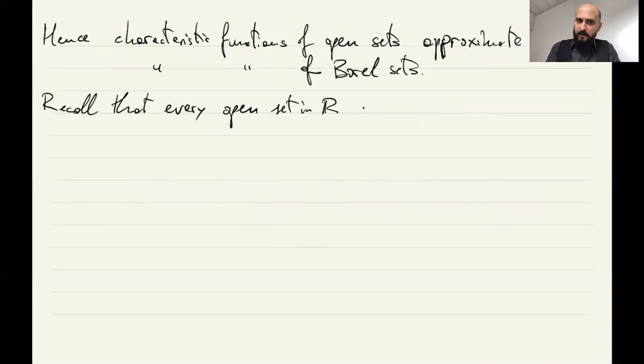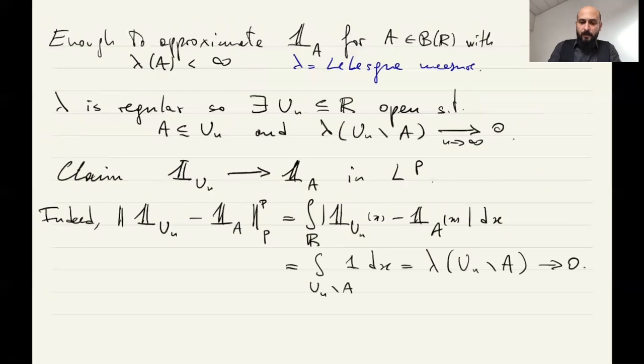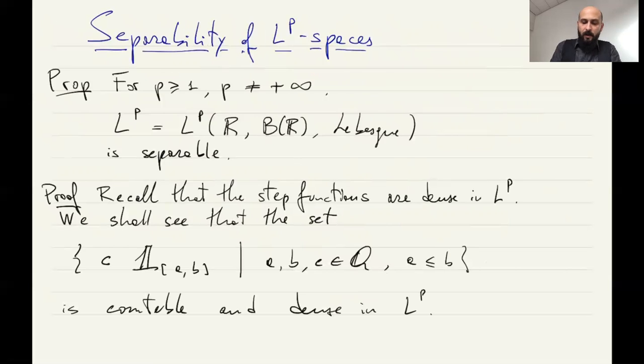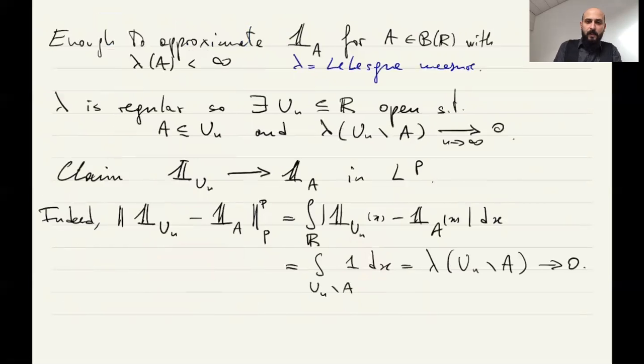So every open set is just a countable union of intervals. And therefore, again, we can use characteristic functions of intervals, or sums of these, to approximate every characteristic function of an open set.